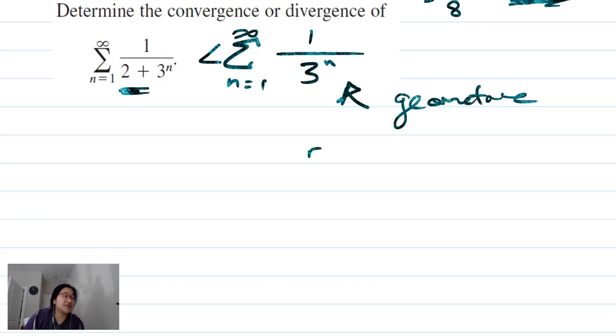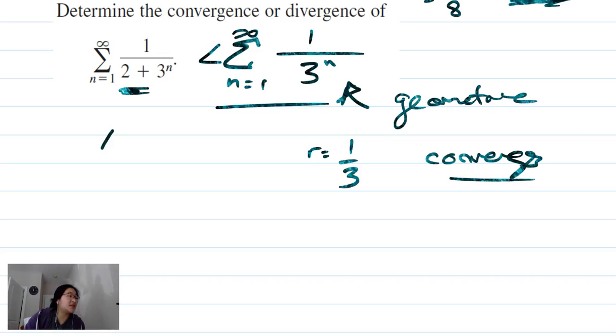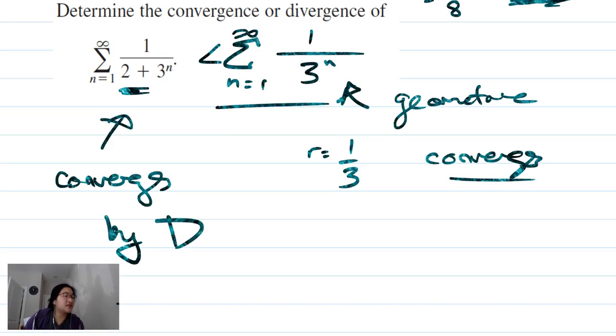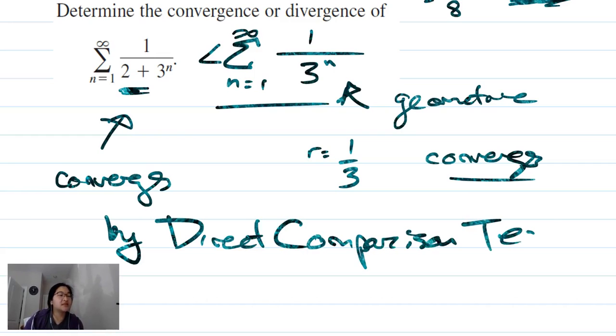And for this geometric series, 1 over 3 is our r, so this converges. So since the bigger sum converges, that means that the smaller one converges by the direct comparison test, which is pretty great.